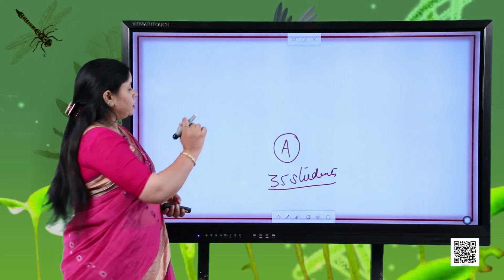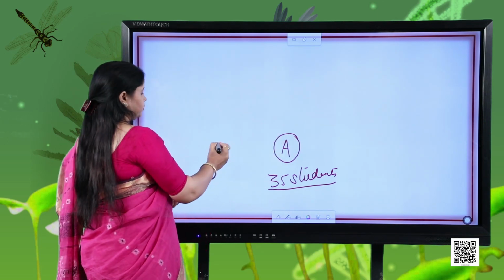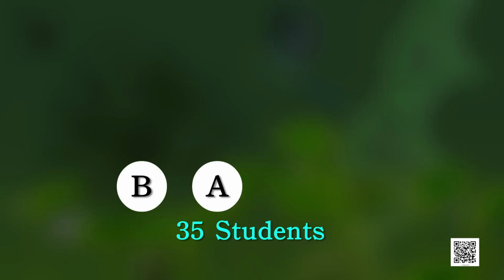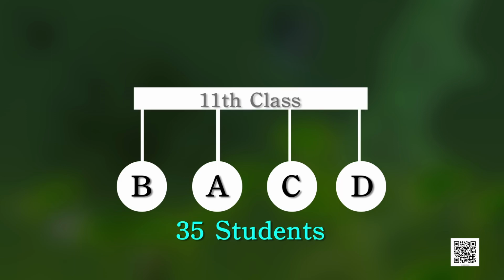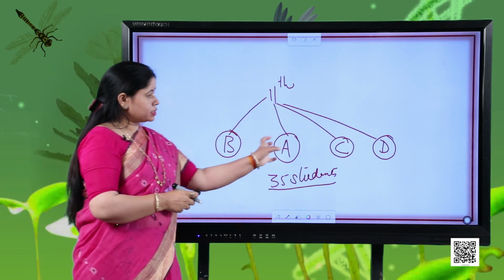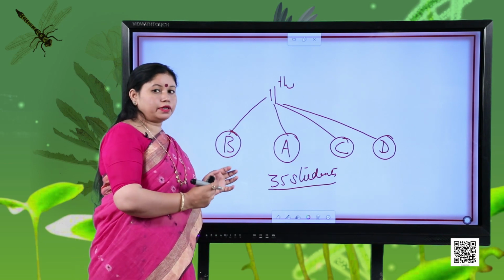Let us consider there are 4 sections, section B, section C, section D in a particular class. All these sections are kept in a particular class. Let us say this is the 11th class. So, all these sections are there in class 11th, but these sections are different.